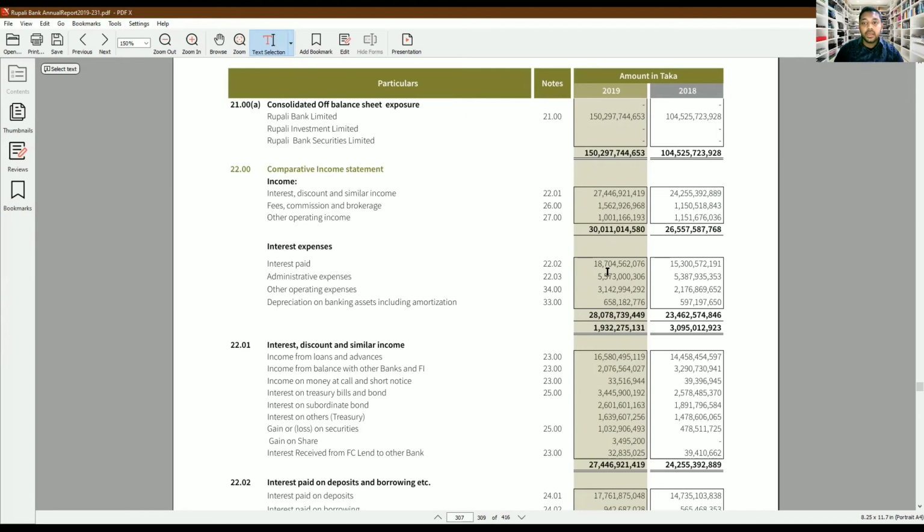So if we take a look at the overall expense, for example, including the administrative, other, and depreciation expenses, then it rose from 23 billion in 2018 to 28 billion in 2019.